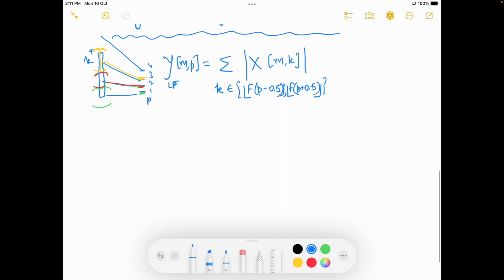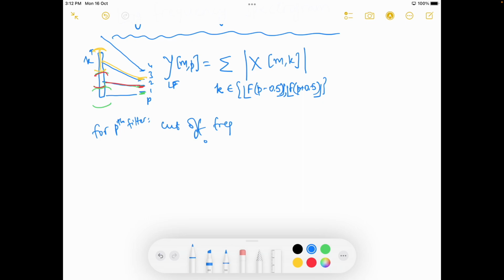So this is a filter, right? This is basically doing filtering, energy filtering, or you have a filter bank. What is the cutoff frequency for the pth filter? Or the pth bin.